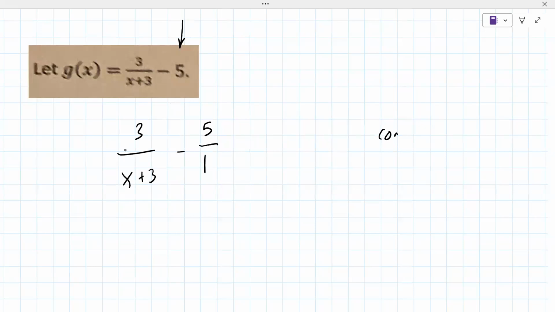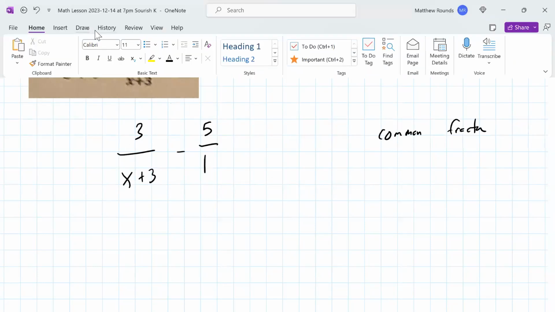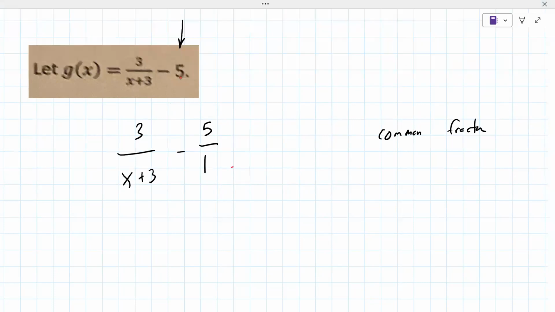Now, to make a common denominator, what should you multiply the top and the bottom by on the right? What is the bottom over here on the left? x plus 3.